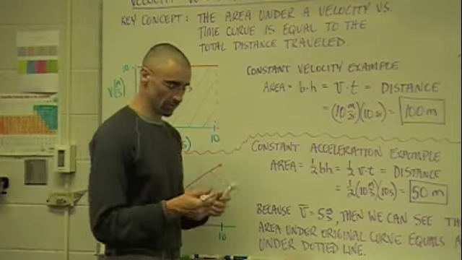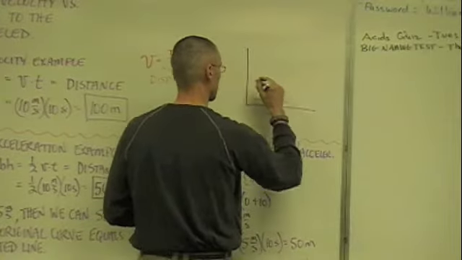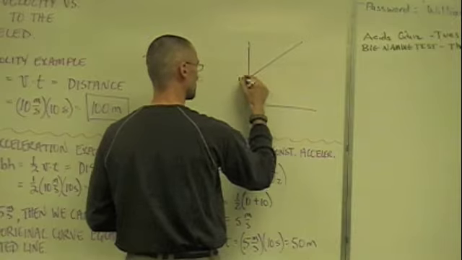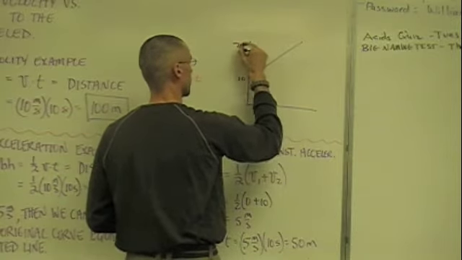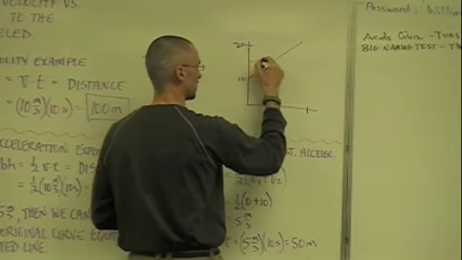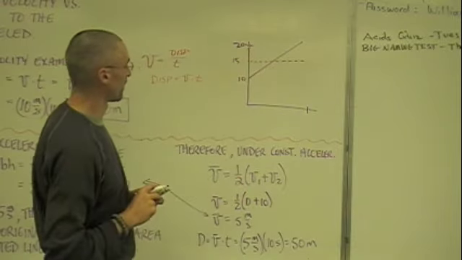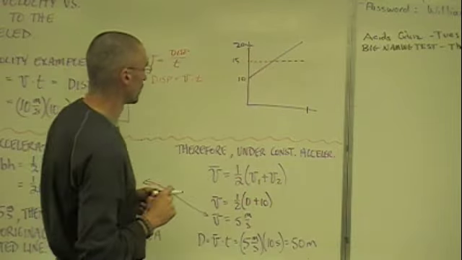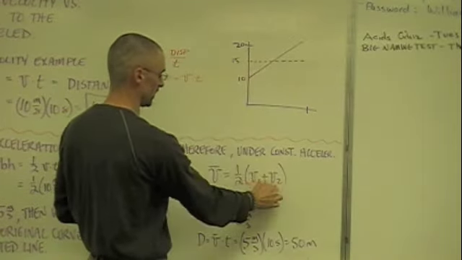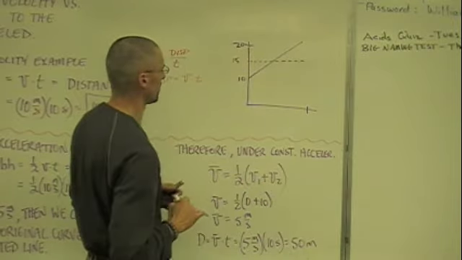Now, one thing I will throw at you really quickly, because some kids struggle with this, is if we had something like this, and we were at, let's say, 10 here and 20 here, and we didn't start at 0, we would have an average velocity at the 15 mark right there. So in that case, just to verify the formula, we'd say 10 plus 20 gives us 30, divided by 2 gives us 15.